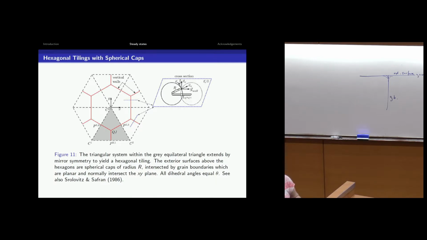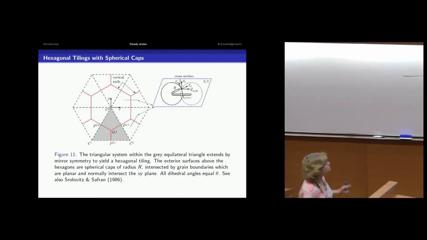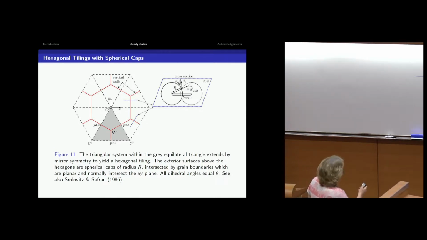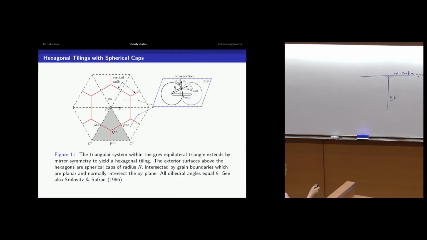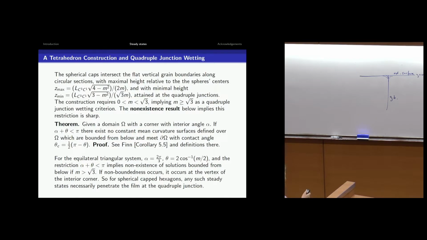So we have a tiling of spherically capped hexagons, and then the natural questions to ask: is it better to be spherically capped, or is it better to be flat, or is it better for the whole thing to break up? One can say about the energy of all these things. And so it's really trigonometry in some sense to prove that it has to all be the same size. But it's a bit detailed.